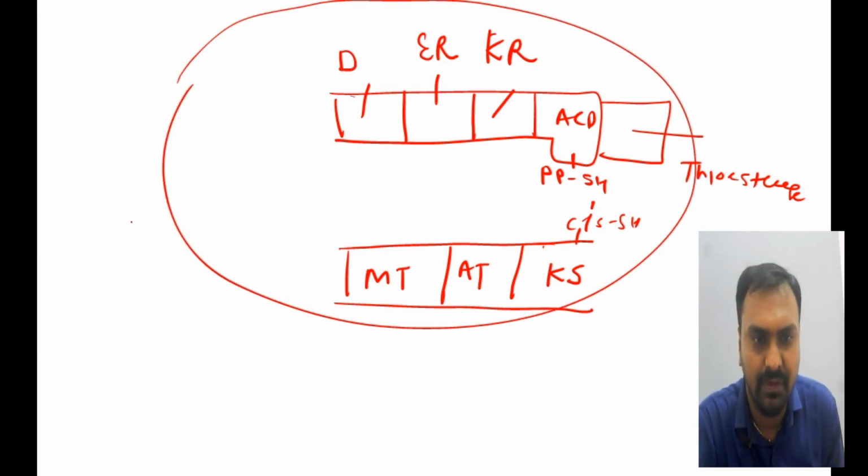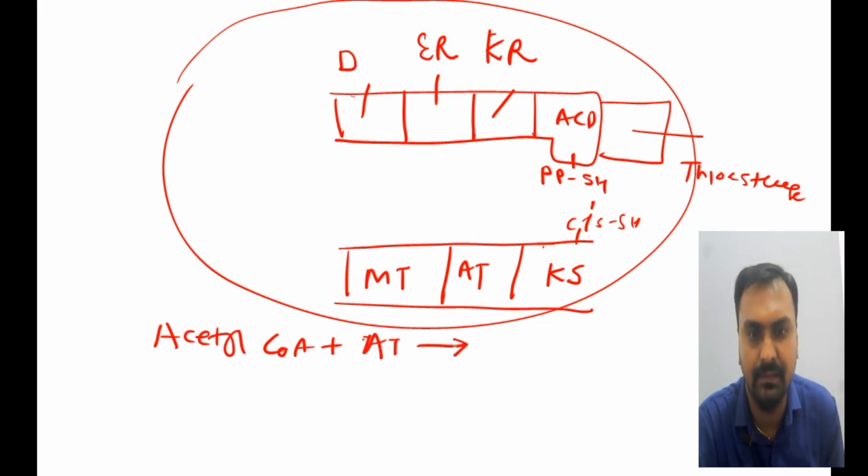Now what will happen? We have said acetyl CoA is converted to malonyl-CoA. Now this acetyl CoA binds with the enzyme called acetyl transacylase, and it will form the acetyl enzyme plus CoA.